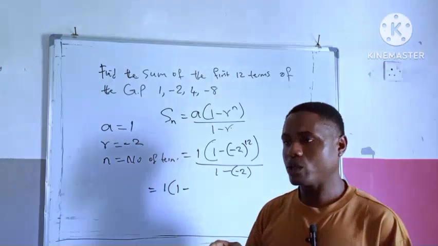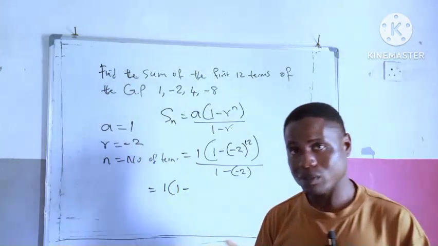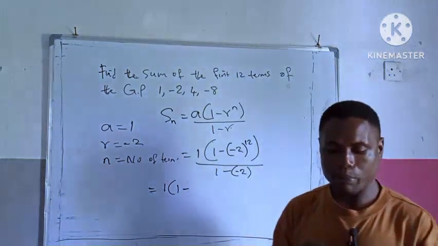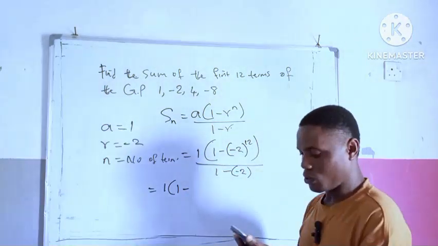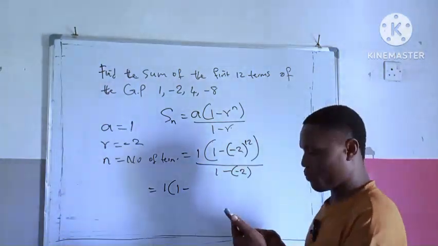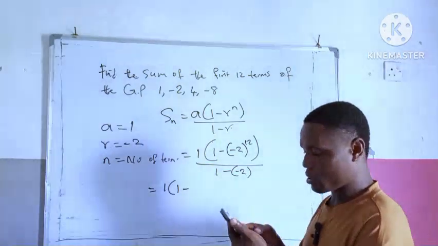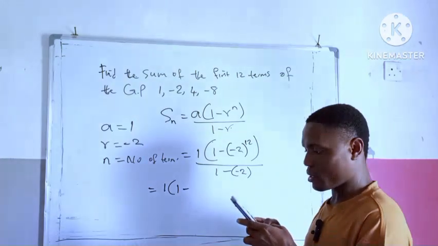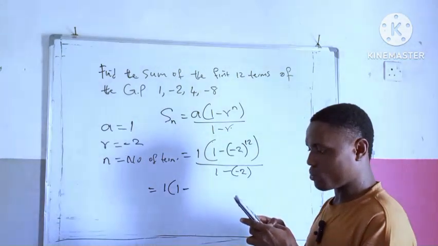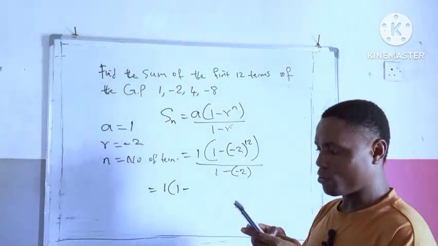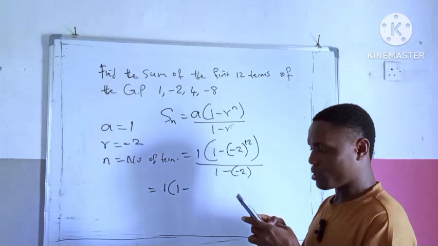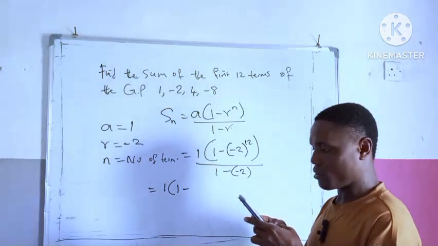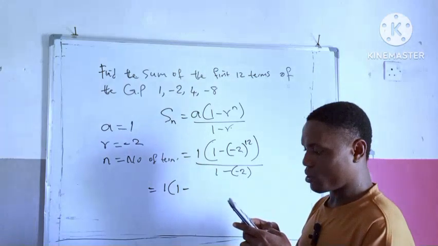You can use your calculator: minus 2 times minus 2, 12 times.